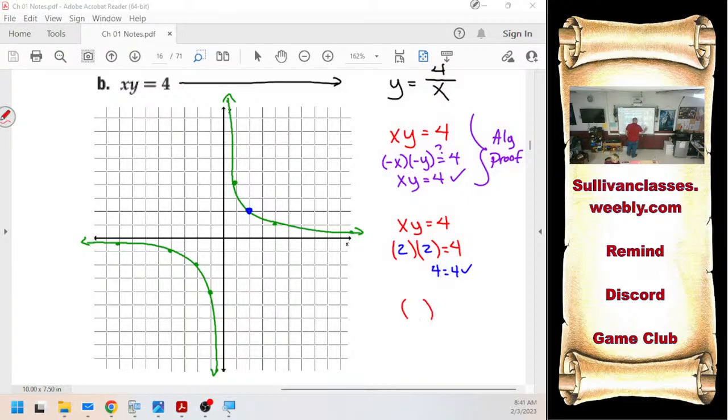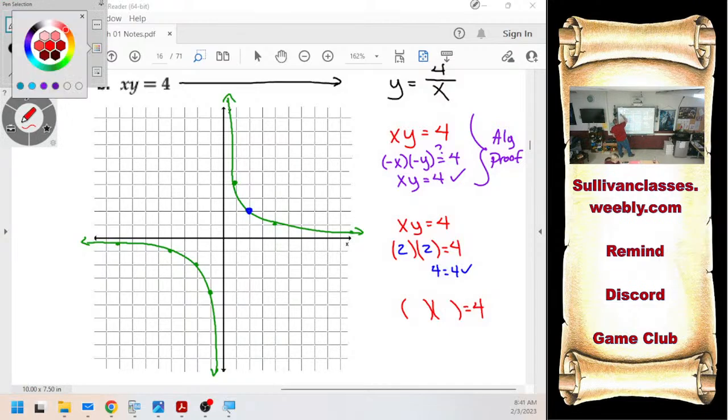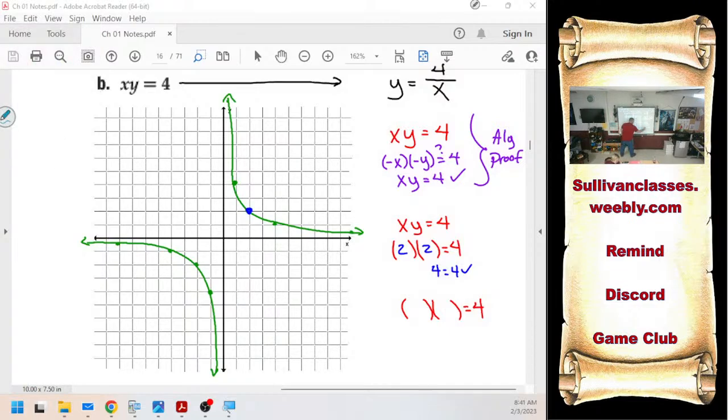I'm going to plug in what? -2, -2. And show 4 equals 4. Yay. So again, this part is called my numerical support.